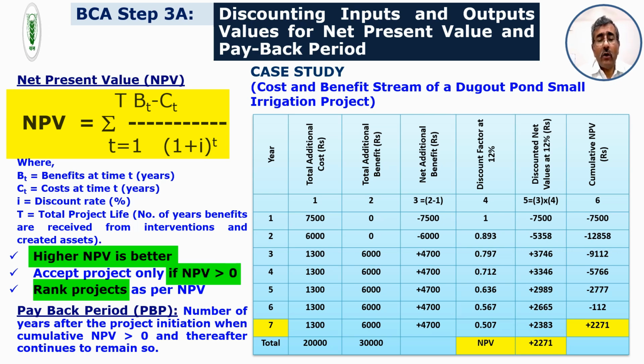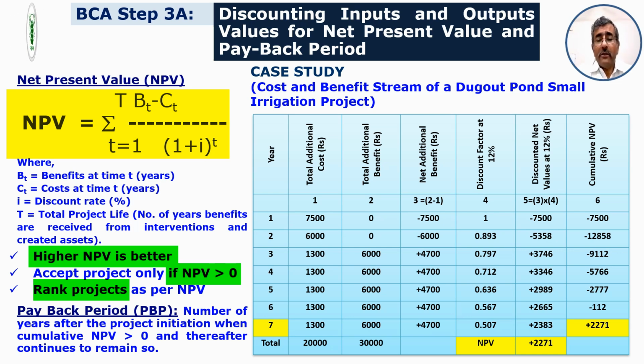Then from the third year onward, only the operational cost is there, that is the difference in the cost of cultivation of irrigated crop versus rain-fed crop. And the total additional benefits are likewise the additional benefits obtained by cultivation of irrigated crop as compared to the rain-fed crop.